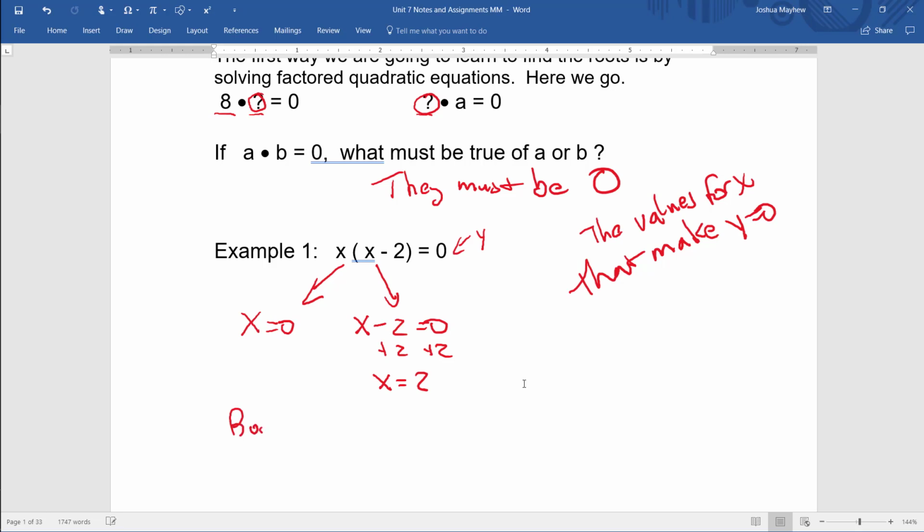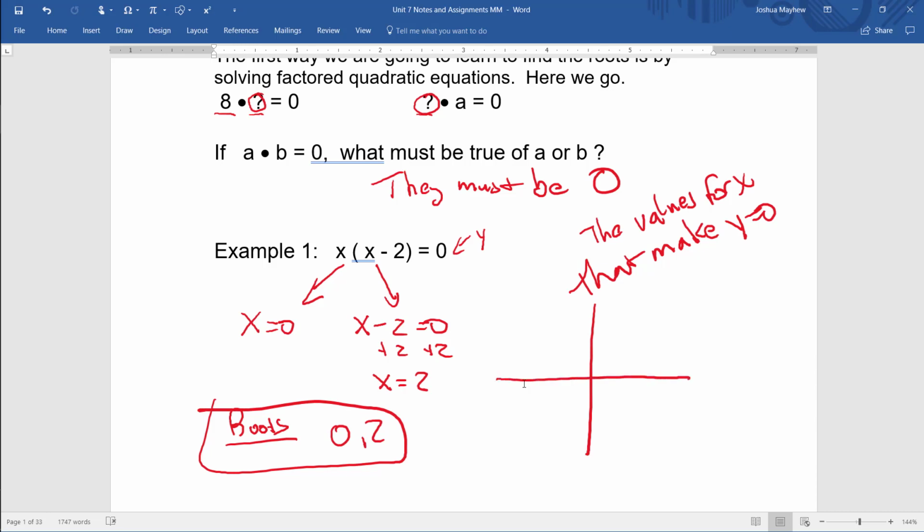So in this case, my roots, or my solutions, are 0 and 2. If we were to graph this equation, we know that it would cross the x-axis at 0 and 2. And since it doesn't have a negative out front, it's facing up. So the parabola looks similar to this. Just by getting the roots and knowing it's facing up, we can get a pretty good sketch of it.